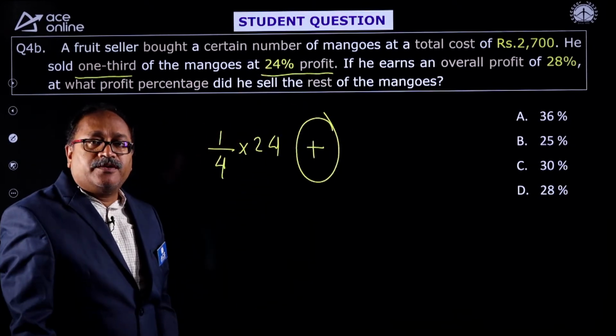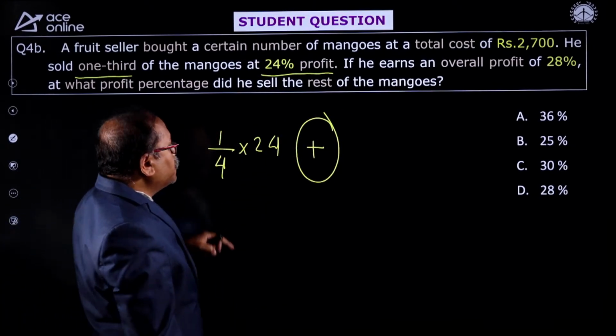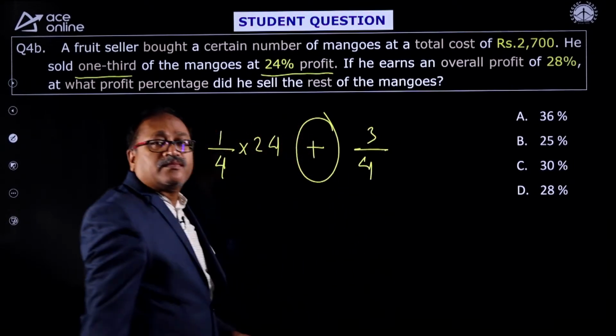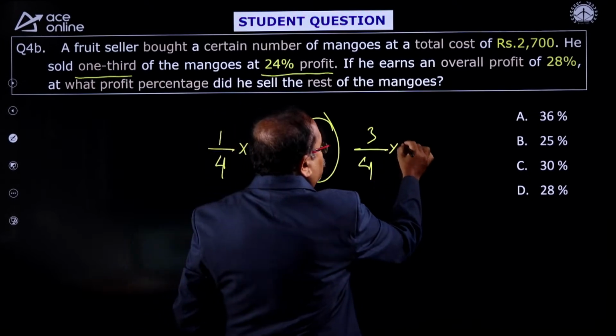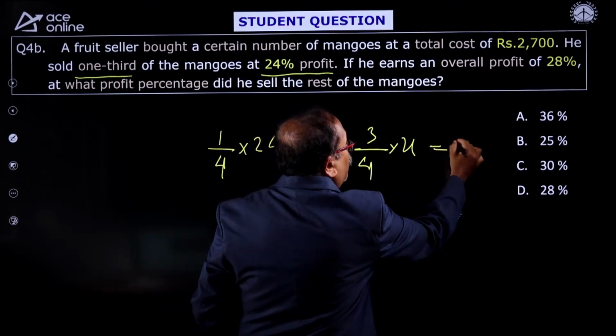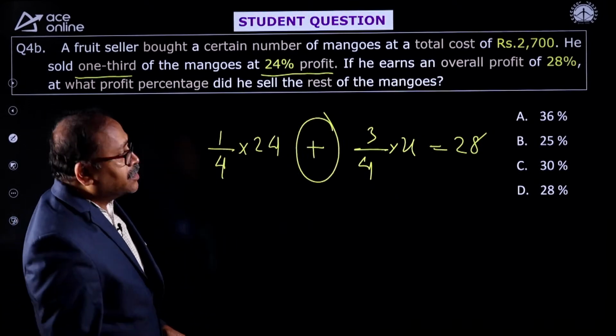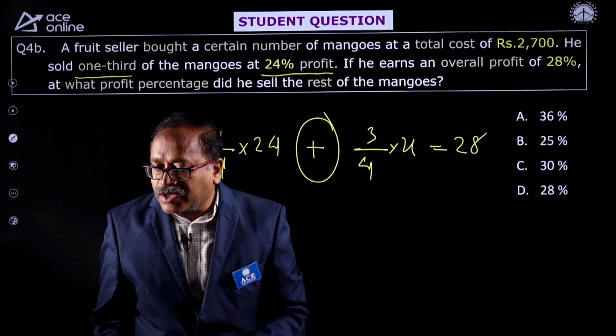Now, this is 1/3, so the rest will be 2/3. Let's assume that this profit is x% and the overall is 28%. From here you get the answer.